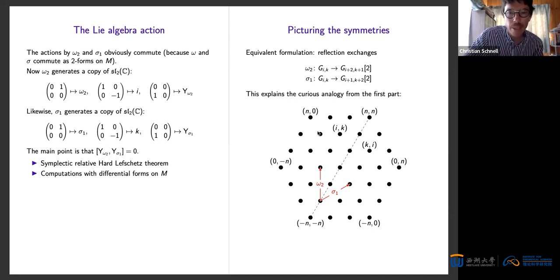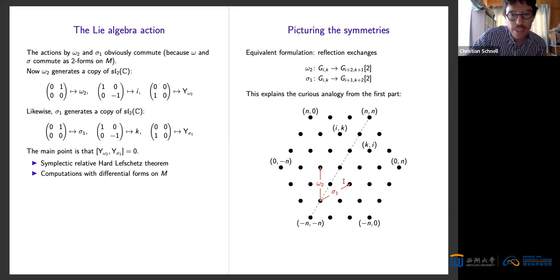So having this reflection take one red arrow to the other red arrow is, in terms of algebra, equivalent to having the two copies of SL2 together generate SL3. This is a little exercise that one can do.